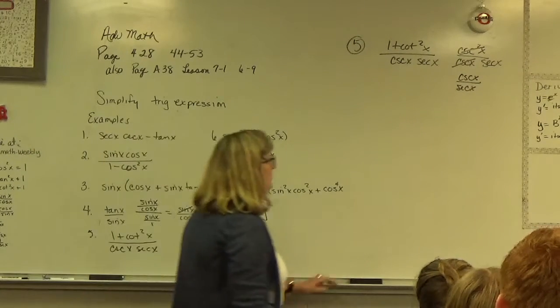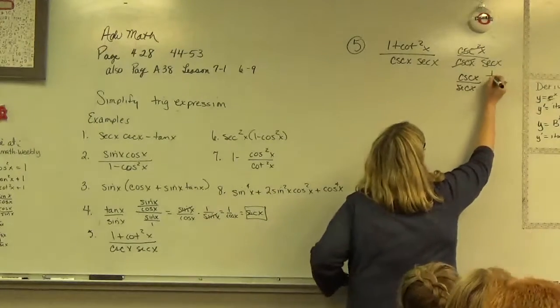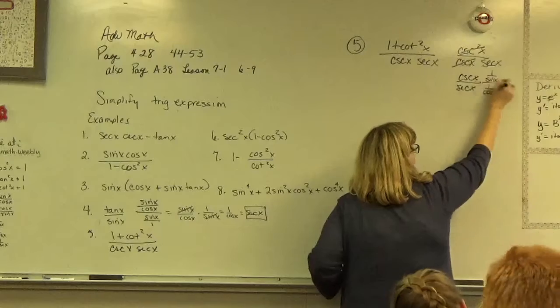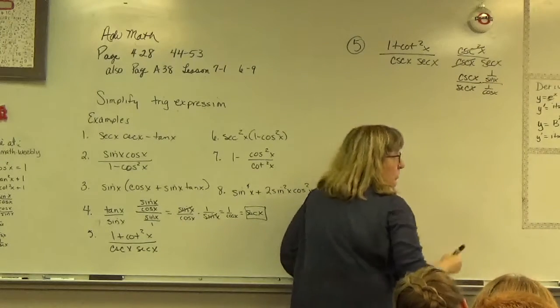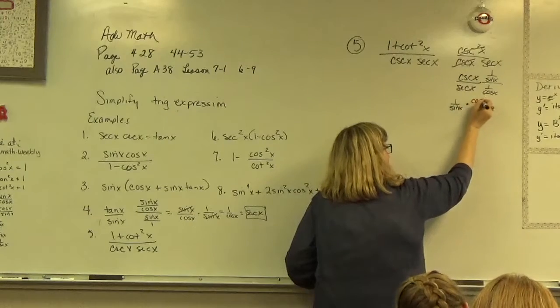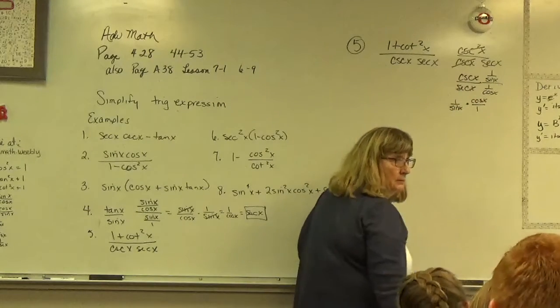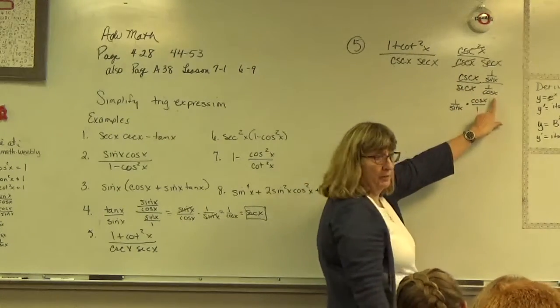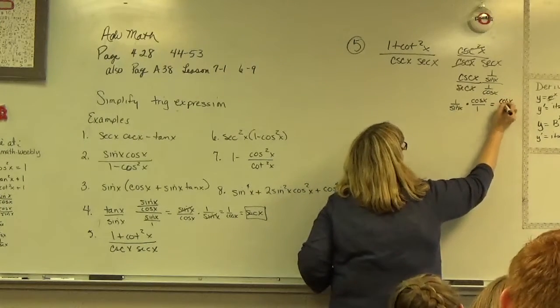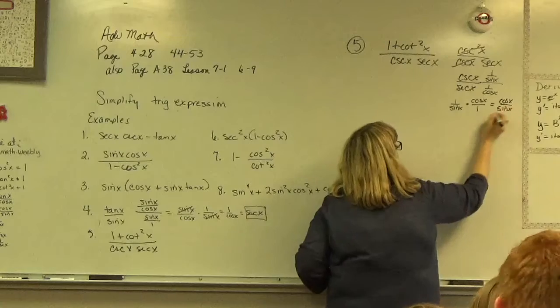What's another way of saying secant? 1 over cosine. And isn't this mean divide? And what do you do when you divide with fractions? You flip the bottom and multiply, right? So what do we end up with? Cotangent.